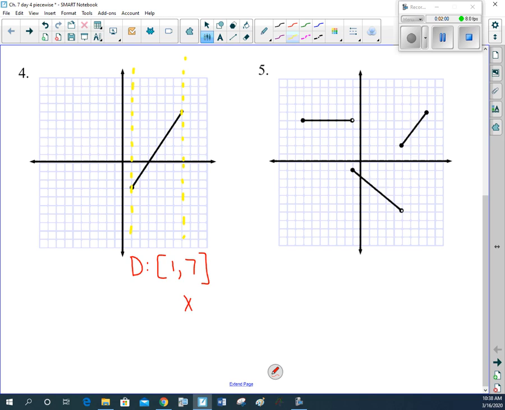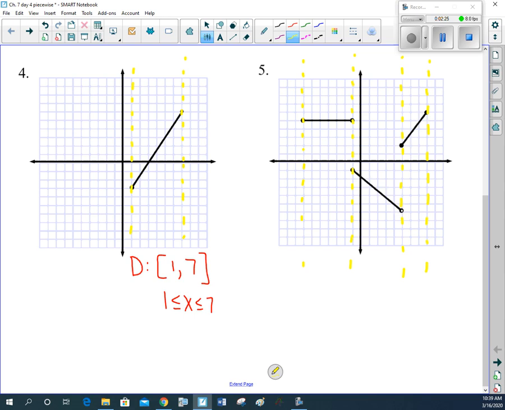Or I could say x is less than or equal to 7, greater than or equal to 1. So that's the domain of that function. Okay, over here on the right, it looks like I've got a bunch of line segments. So I'm going to put in the domain boundaries of those pieces, and we'll see what happens.